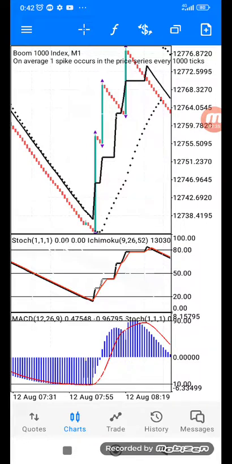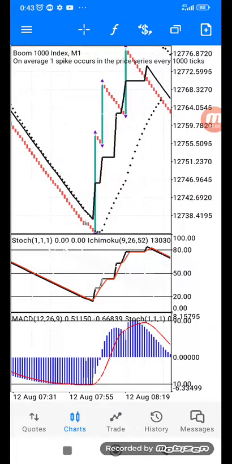With the aid of parabolic SAR, that will help us to identify the direction of the trend, and also with the aid of MACD, it can as well help us to get the direction of where the market is heading. But for you to trade spike here, once you get a valid signal, just pick 10 candles.